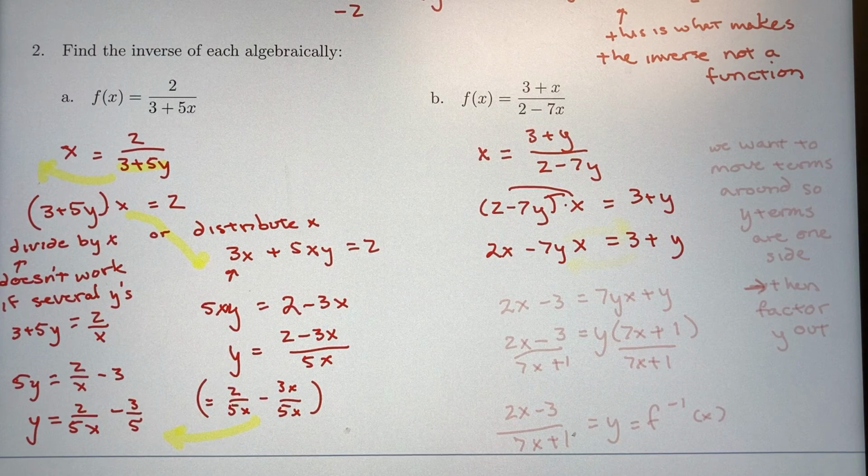So I want to move terms around so that the y terms are on one side and the non-y terms are on the other side. Then we can factor y out.